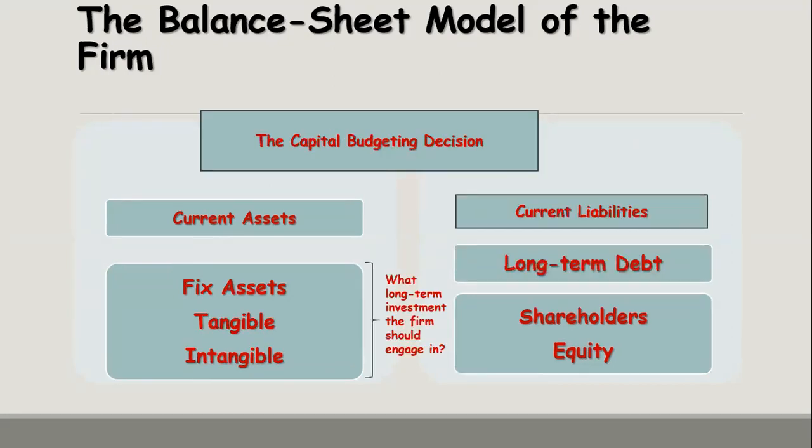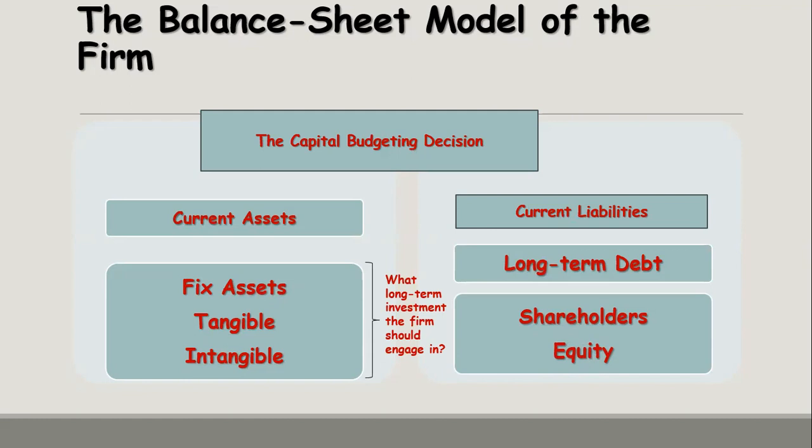It's another model, the capital budgeting decision. Current asset, fixed asset, tangible, intangible. Current liabilities, long-term debt, and shareholders' equity. Now, the capital budgeting decision is related with the fixed asset.